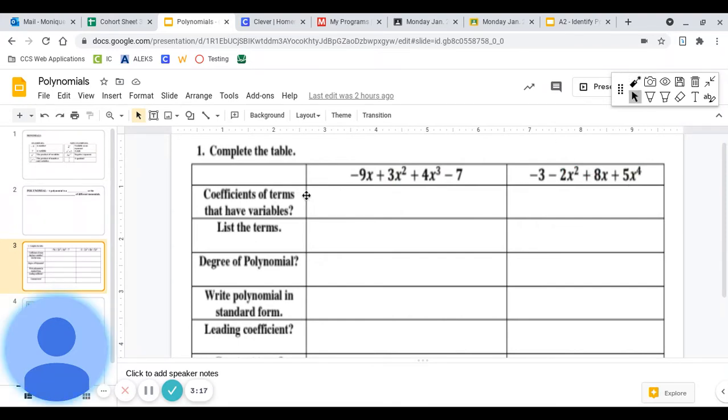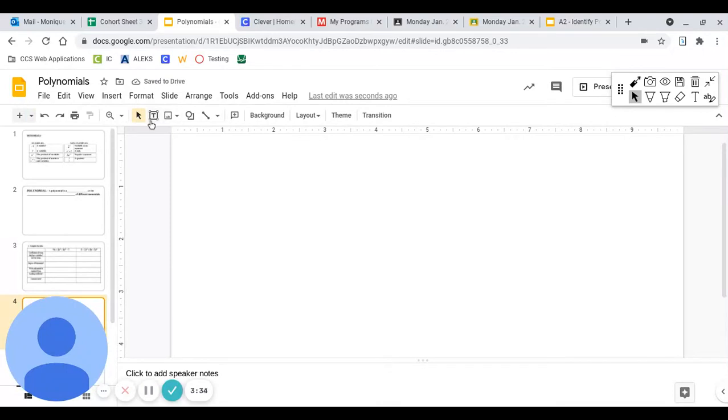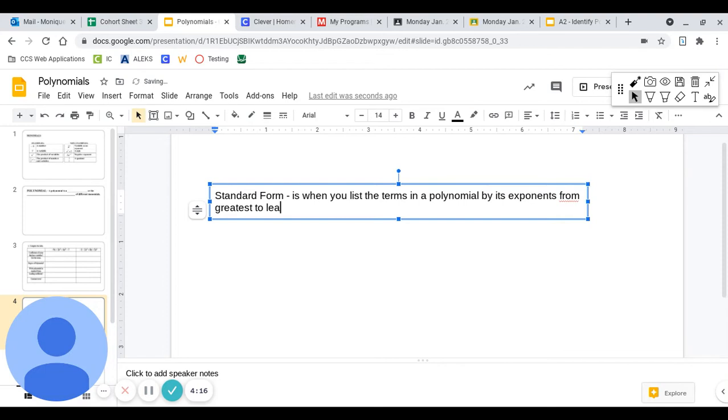So the definition of standard form is when you list the terms in a polynomial by its exponents from greatest to least.